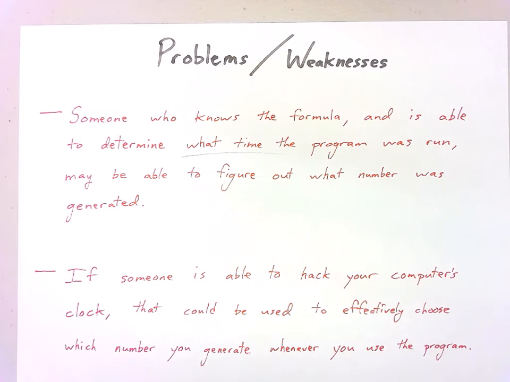So if the bank created a credit card for somebody at a certain time of the day and you knew their computer program was based off of this pattern, you might be able to figure out what credit card number they gave out, which would not be a good thing.